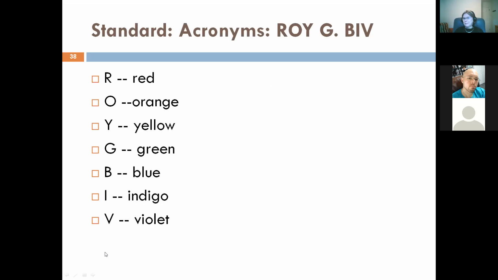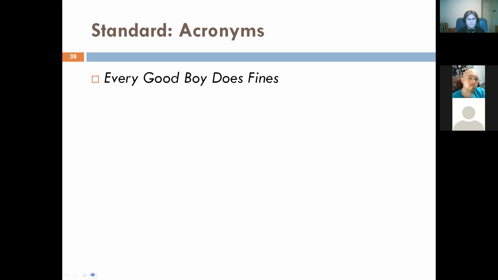So here is the famous one for the colors of the rainbow. Roy G. Biv, right? Red, orange, yellow, green, blue, indigo, violet. As long as you memorize Roy G. Biv, you will always remember the 7 colors, and you will always remember the order, which is important. Again, we continue to use that tried and true for many years.